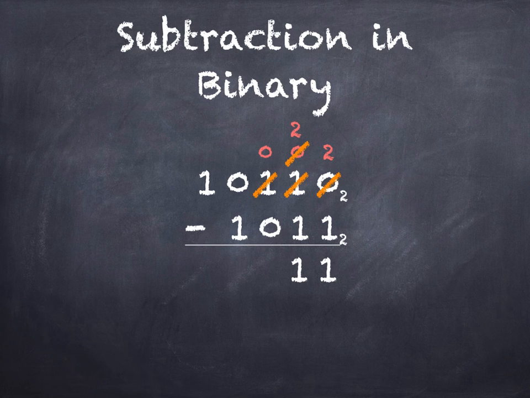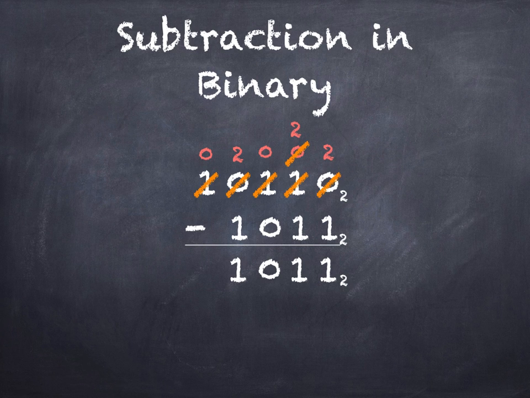Now for the third column, we have 0 minus 0. You're still going to get 0. And for the fourth column, well, 0 needs to borrow from 1, making that one 0 now. And 0, we're going to be adding 2 to that, so you get 2. Then 2 minus 1 is 1, and then affix the base to that, so you get 1011 in base 2.